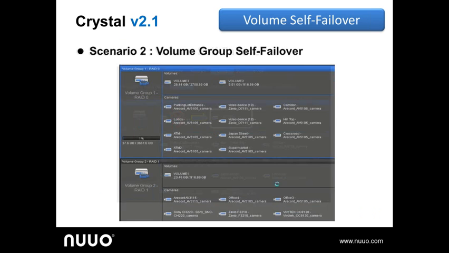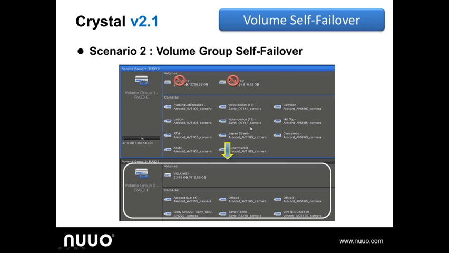Okay. So another scenario is the volume group failover. What is the volume group failover? In this case, if both volumes of your first volume group are broken and need to be replaced, the recording server will automatically assign all those cameras to another volume group and keep recording.